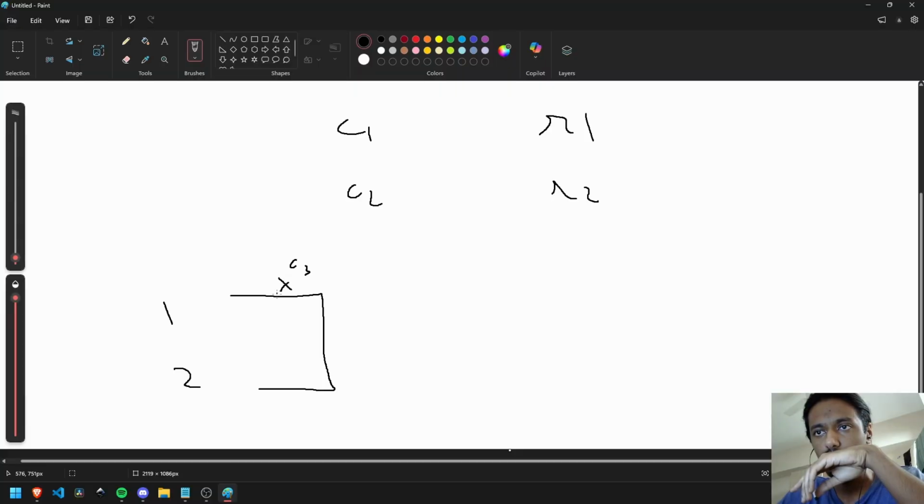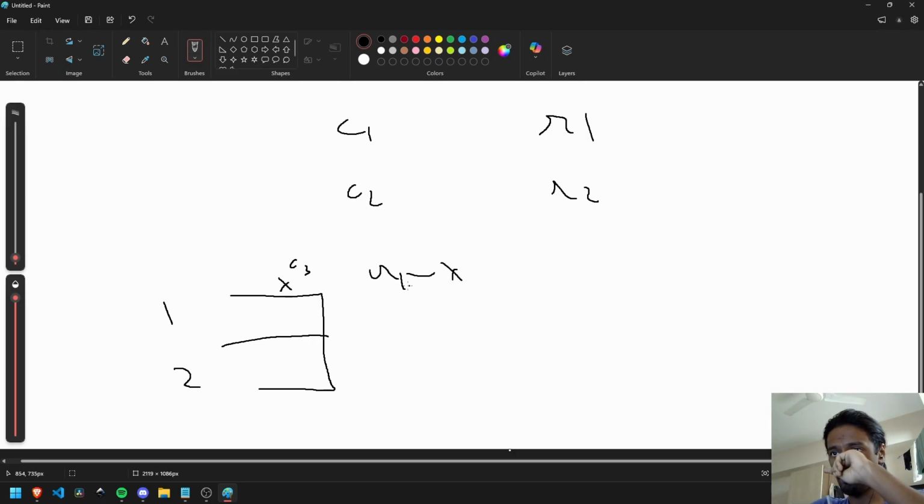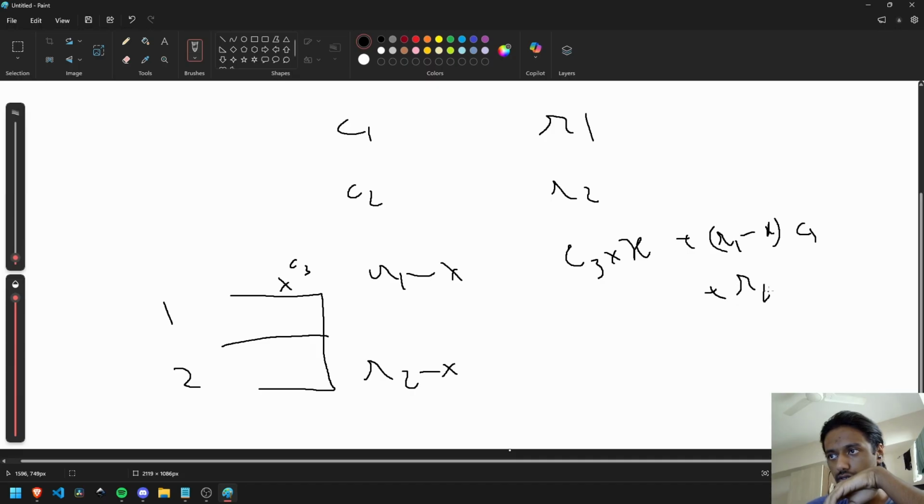Since we have bought X amount of C3, for the remaining R1 minus X we buy them using C1, and for the remaining R2 minus X we buy them using C2. So the total result comes as C3 into X plus (R1 minus X) into C1 plus (R2 minus X) into C2. Now we need to find this X, right?